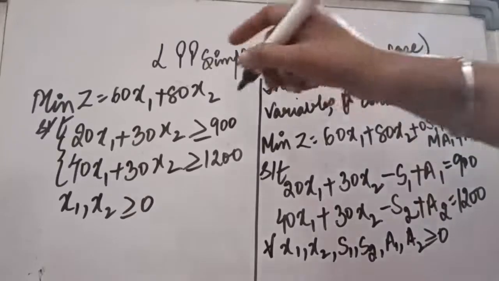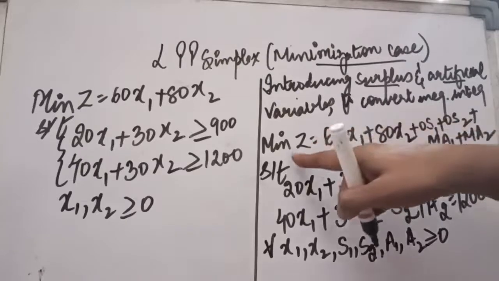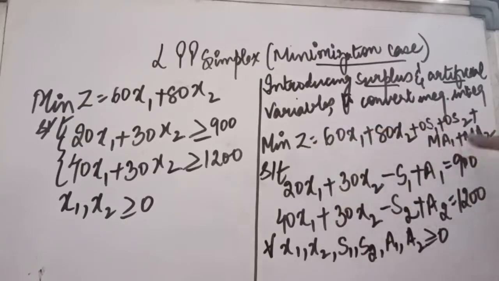That is why minimization problems are also known as the big M method, or big penalty method. This M comes in the form of penalty. Only in case of minimization, the artificial variables come with the coefficient M, and slowly we will take these artificial variables out of the question.